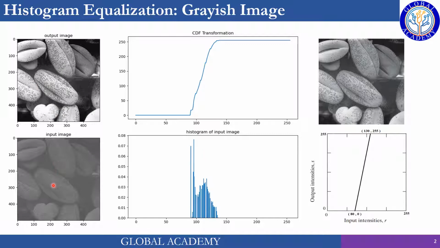Similarly, we used this piecewise linear transformation for this input image and we got this contrast stretched image. So the conclusion was that histogram equalization is a more autonomous and better solution as compared to piecewise linear transformations.